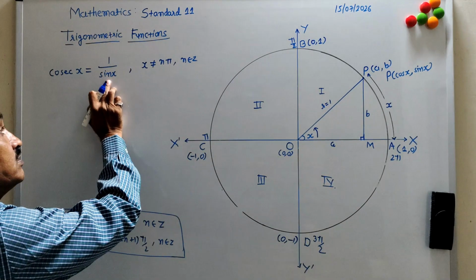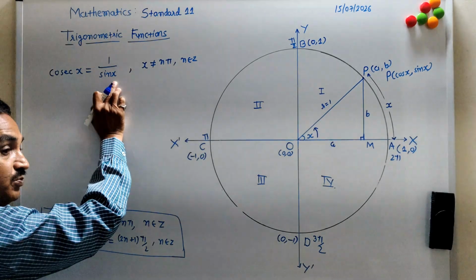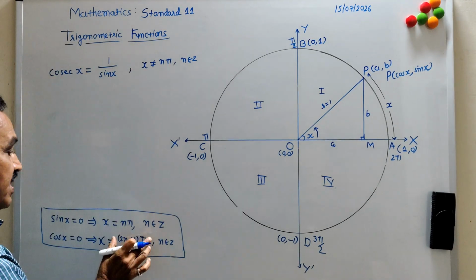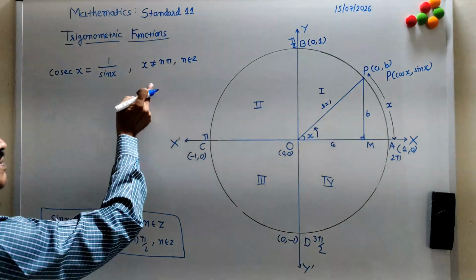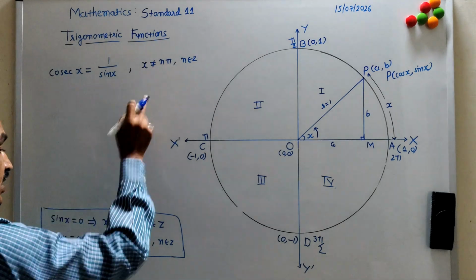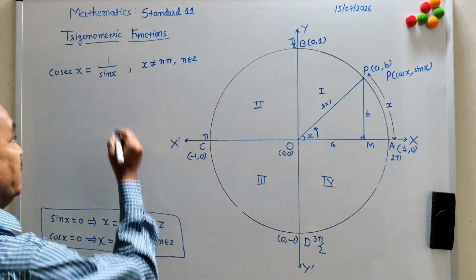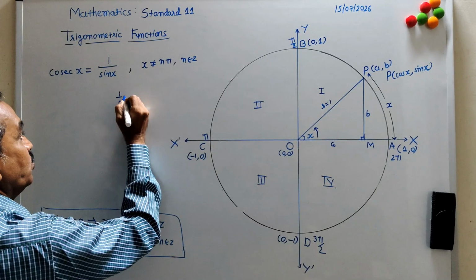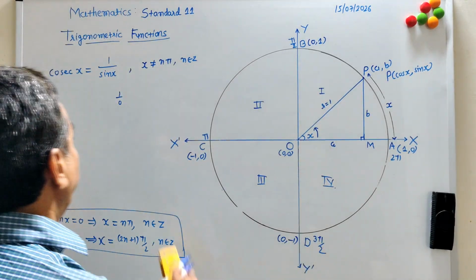Because sin x is in the denominator, so it should not be 0. That's why 1 over sin x, but x is not equal to n pi, because if x is equal to n pi, then this is 0, so this is indefinite or infinity.